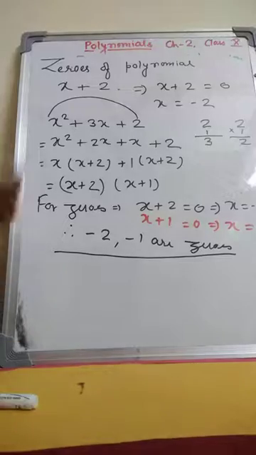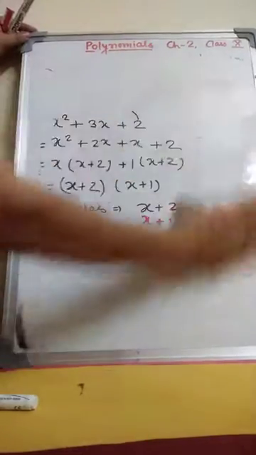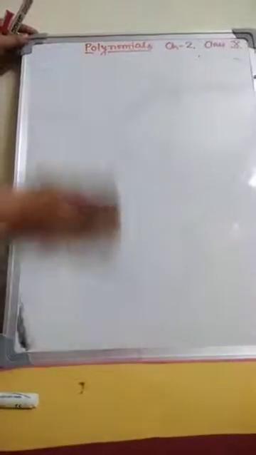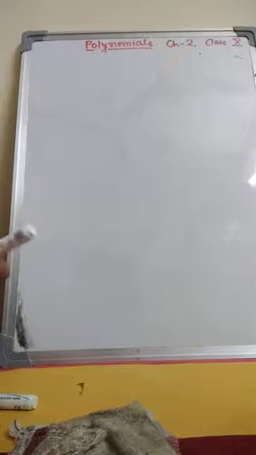Now coming to the next point. Now how to find the zeros of the polynomial? And by what name is it known?